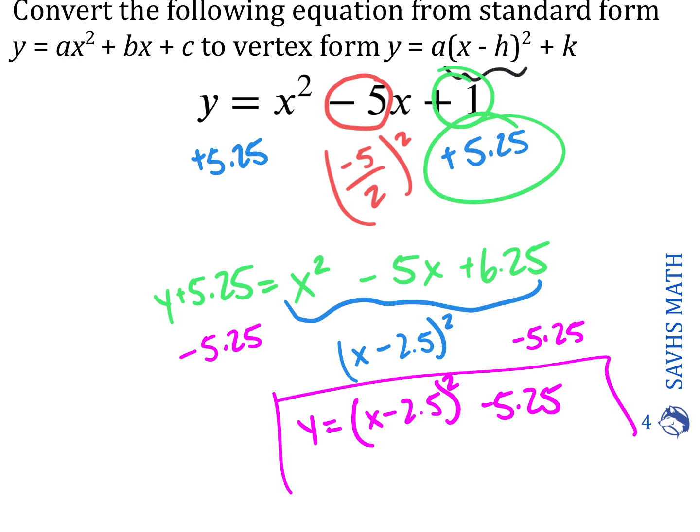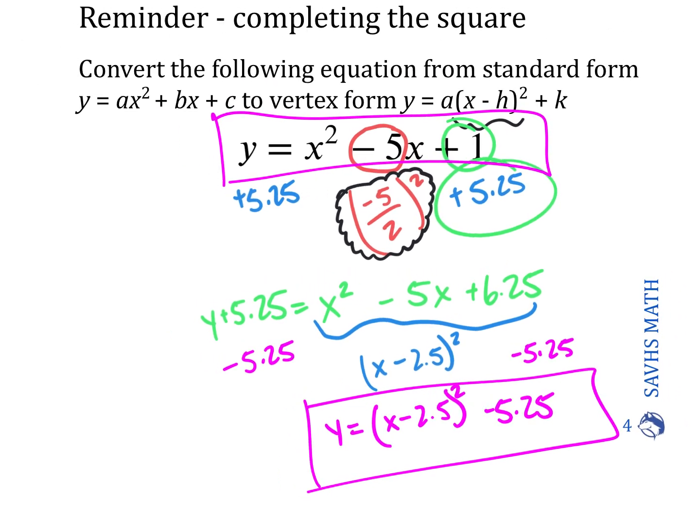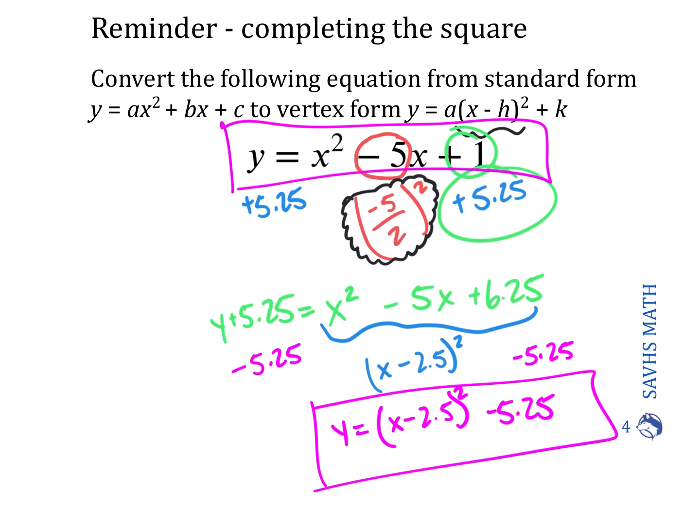This thing right here is equivalent to this thing right here. And this process of adding something to get to this number, where you take your b and divide by 2 and then square it, that's completing the square. I just wanted to do an example of that because we're going to see it in the next couple days.